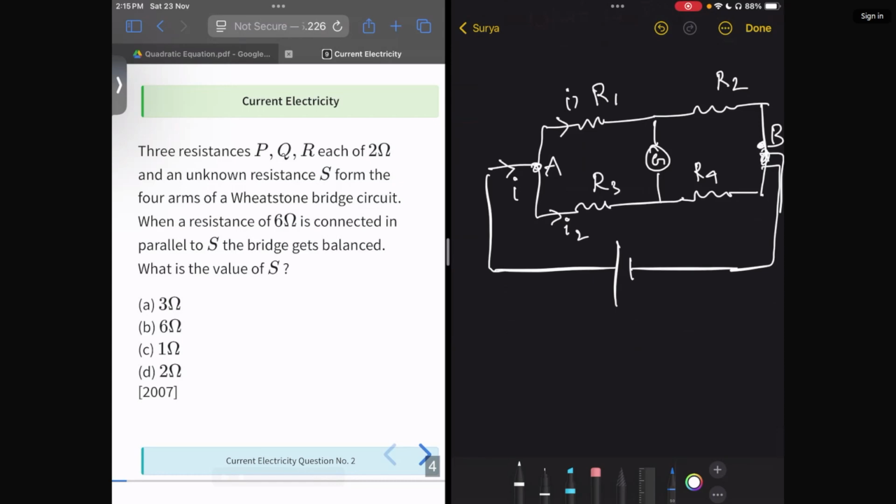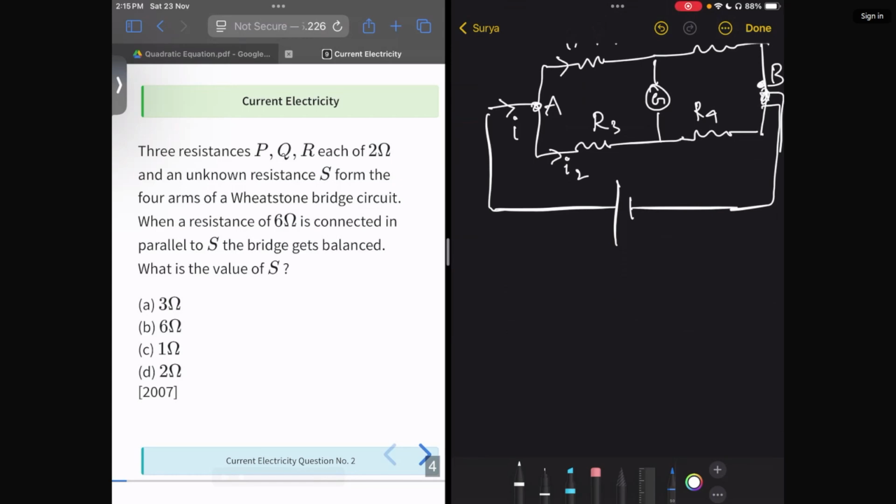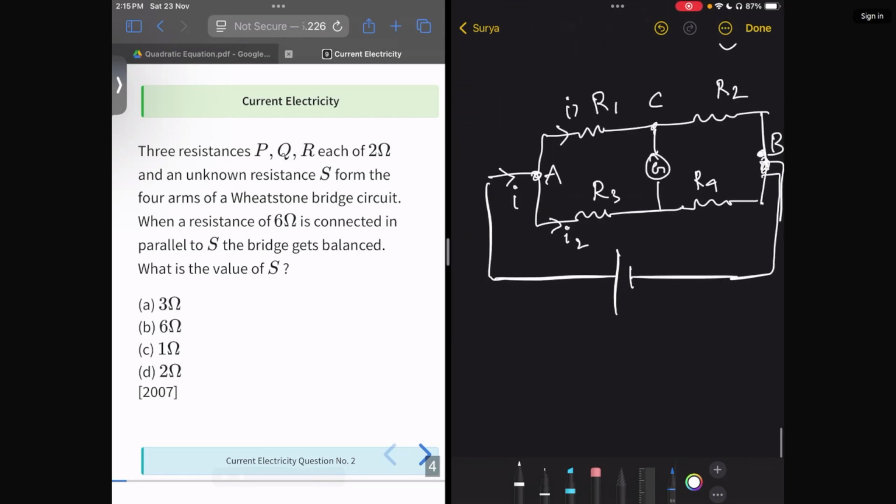The 4 resistors R1, R2, R3, R4 are connected to form a loop here. There are 4 joints A, B, C, D, and there is a joint C and D, so there is a possibility of current going in the CD direction also.